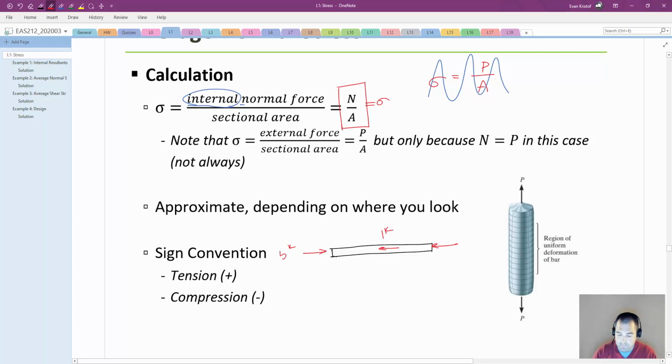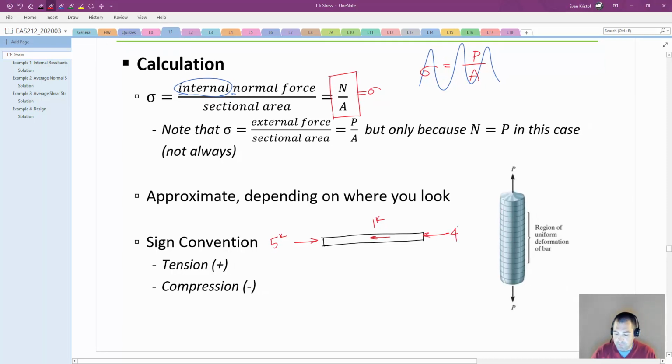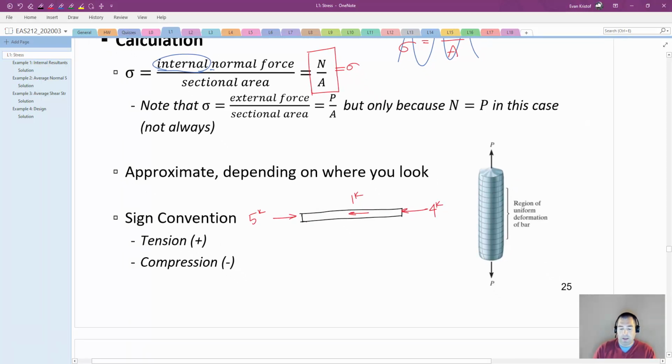Let's do five kips here, and four kips here. If I were to make a cross-section cut through here, then the internal normal force would be equal to negative 5 kips of compression. Over on this side, N is going to be equal to negative 4 kips of compression.